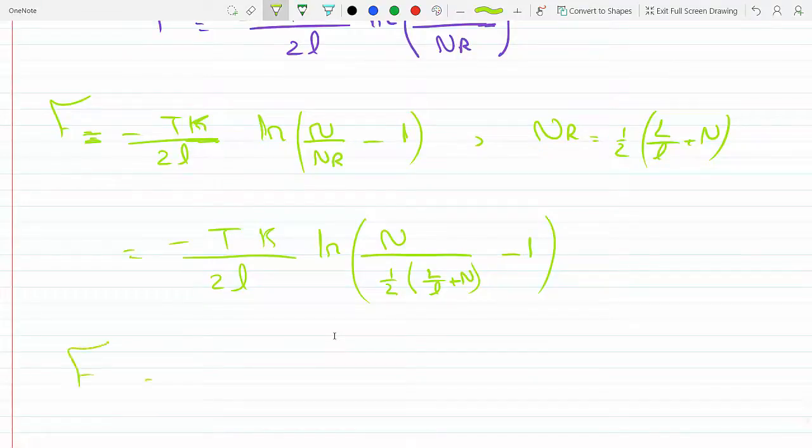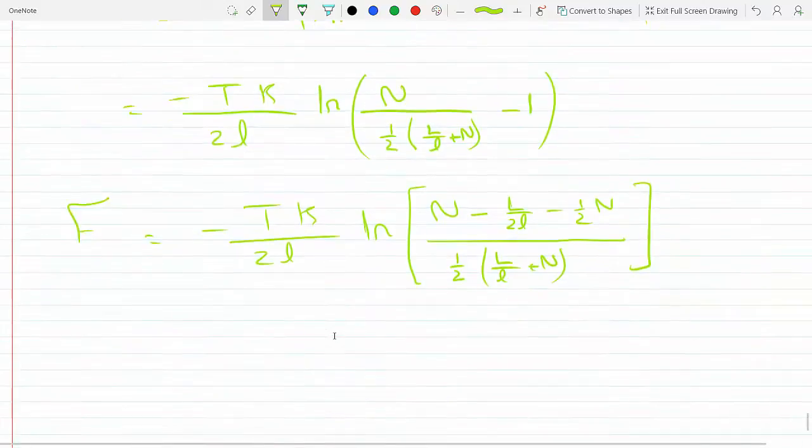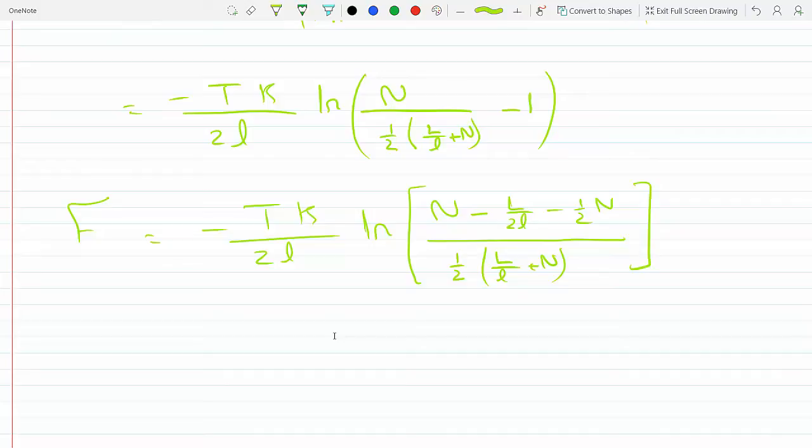Okay, common denominators, algebra stuff. You will get n minus L, maybe I should just distribute this back so I can collect these n's, minus half n over one half L over L plus n, and n minus half n is half n, so I could cross out the halves. There's going to be a half here, there's a half here, and there's a half when I sum up the n's.